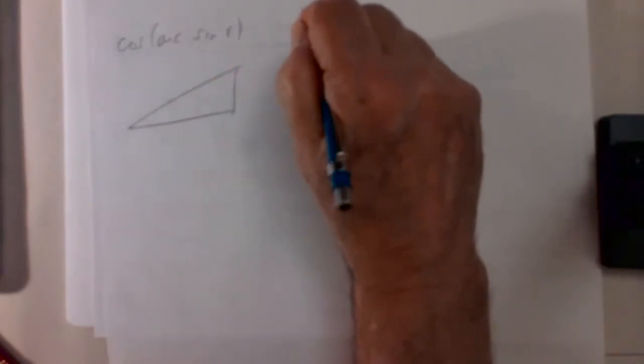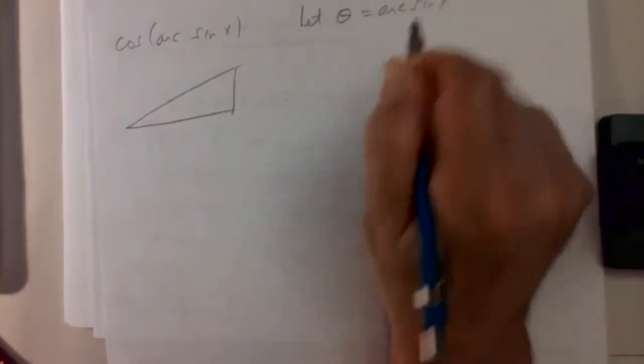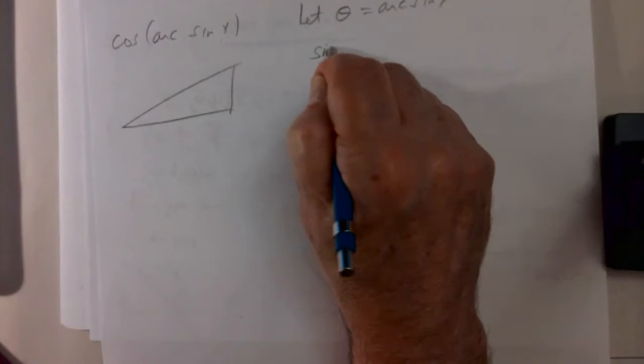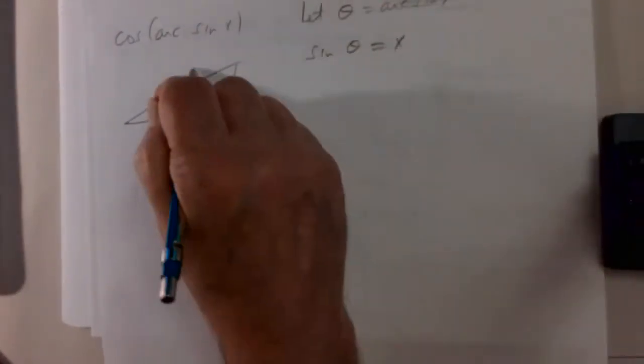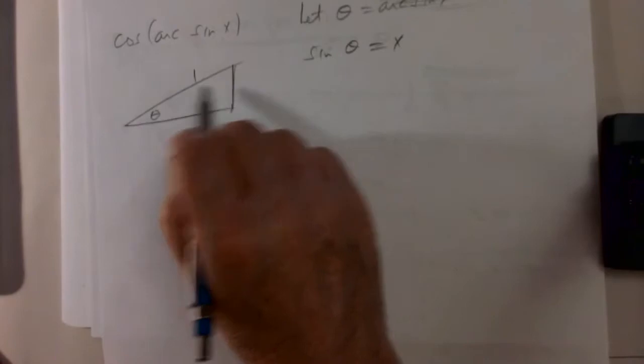So suppose we let theta be the arcsine of x. That means that the sine of theta is equal to x. So if we have this angle theta, the sine, it's this over, it's x.